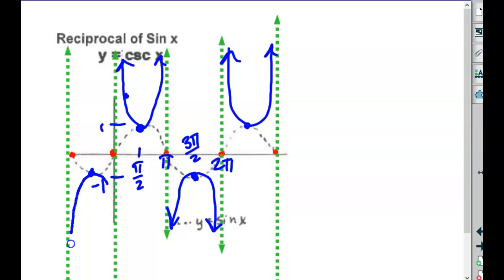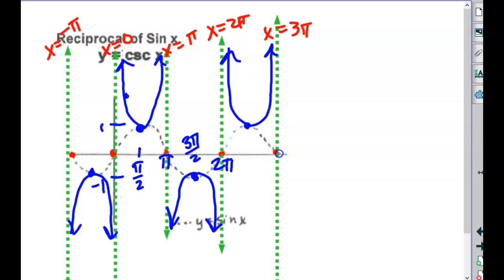So if you had to graph this, you would tell me where these asymptotes were. They are at x equals 0, x equals negative pi, x equals pi, x equals 2 pi, x equals 3 pi. That's those.